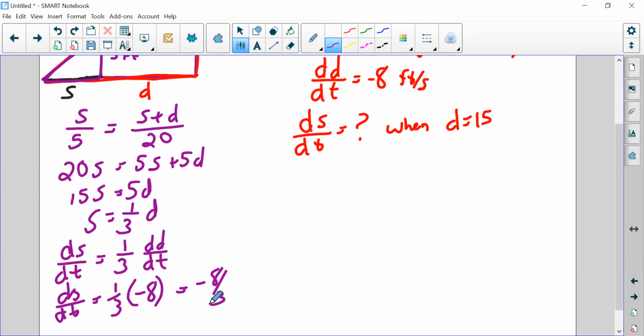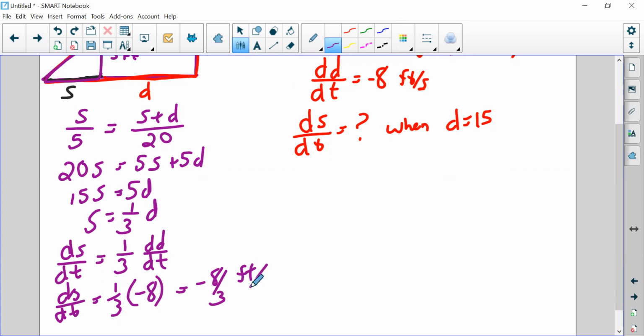All right, what's the unit of measurement for S, the length of the shadow? Feet. So that's our top unit, divided by what's our unit of measurement for time?